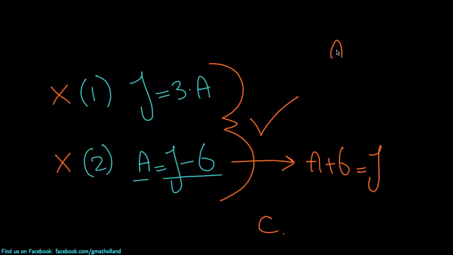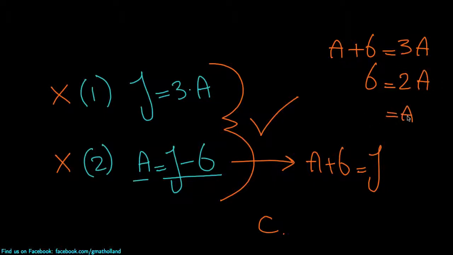So we know that A plus 6 equals 3A, that is 6 equals 2A, that is A should equal 6 divided by 2, which is 3. So then you know that Anna has 3 books.